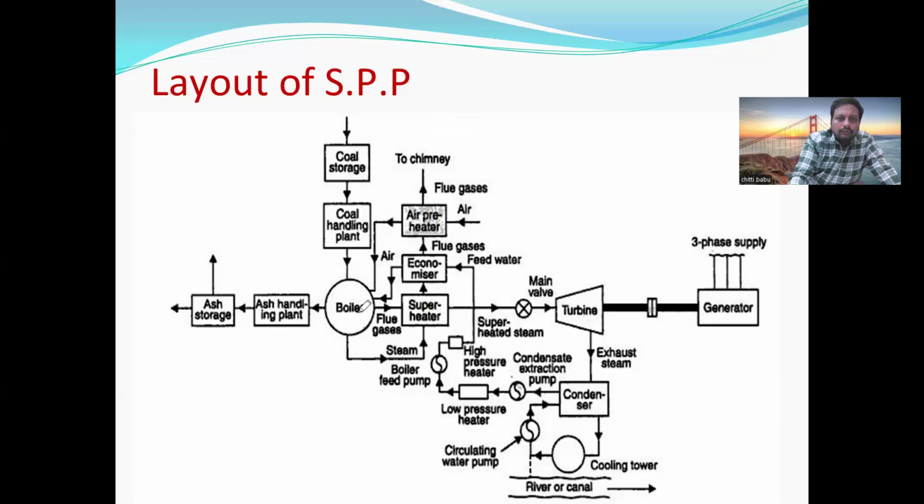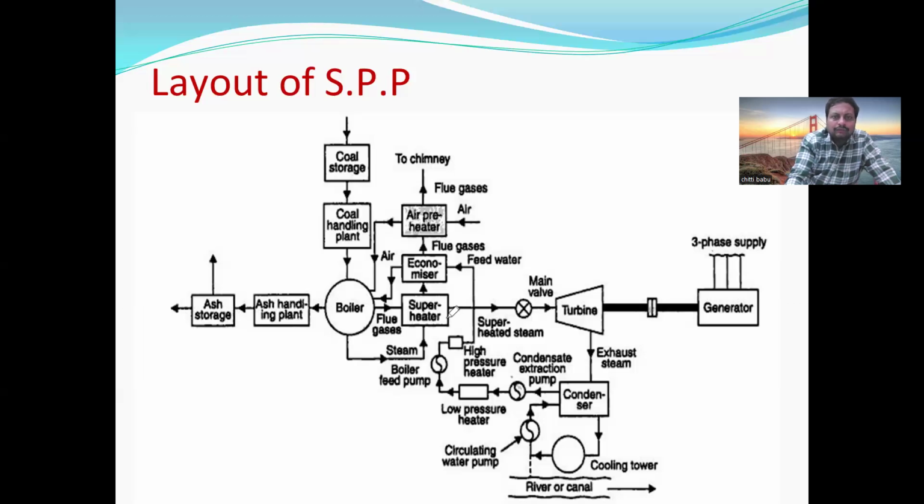Whatever flue gases are there have heat energy. That heat energy will be given to the superheater, then to the economizer, and after that to the air preheater.